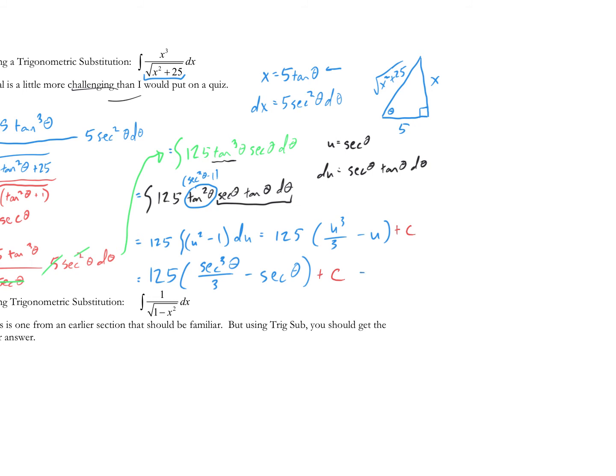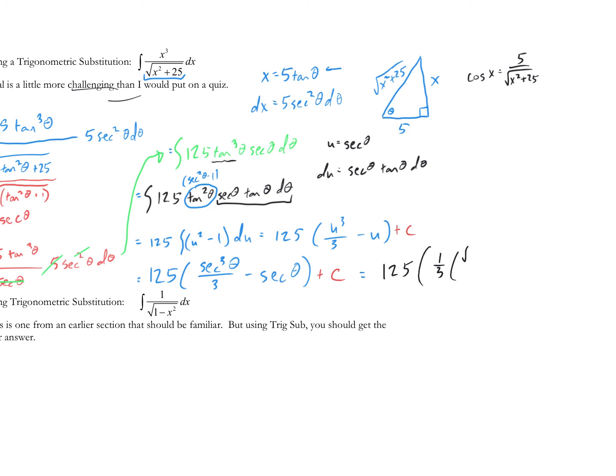All right, now let's go and rewrite our answer in terms of x. Well, I know that the cosine of x is adjacent 5 over hypotenuse is the radical. So if I'm substituting secant, I'm just going to flip that fraction over. So let's see how this goes. 125 parentheses 1/3, and then secant, I'm again flipping it over.